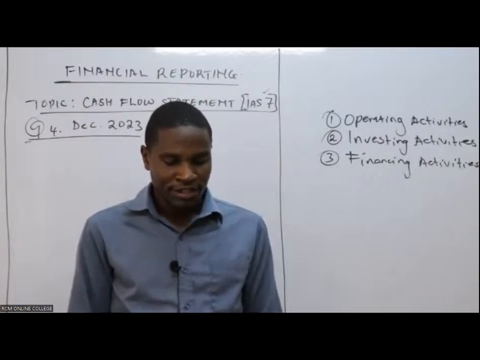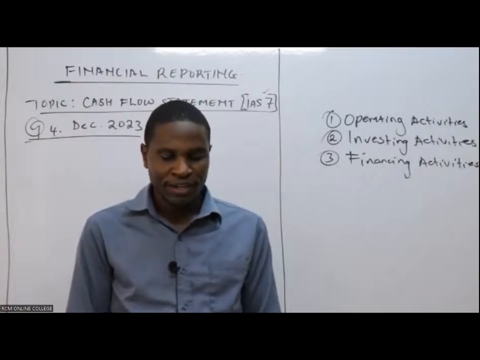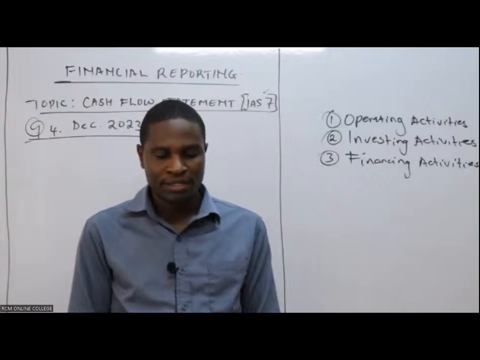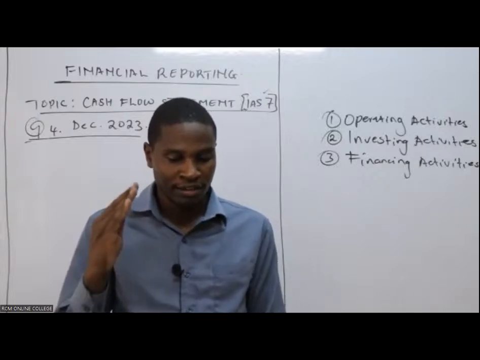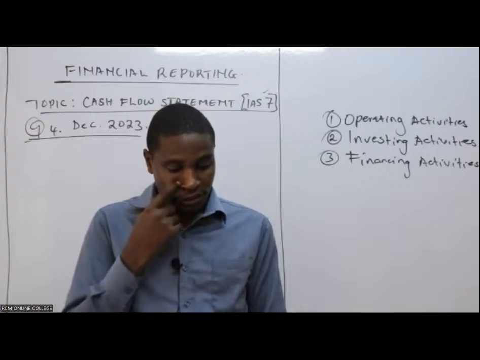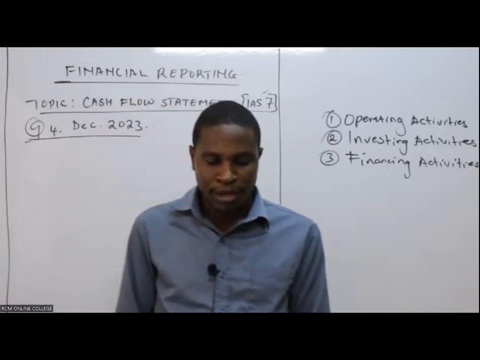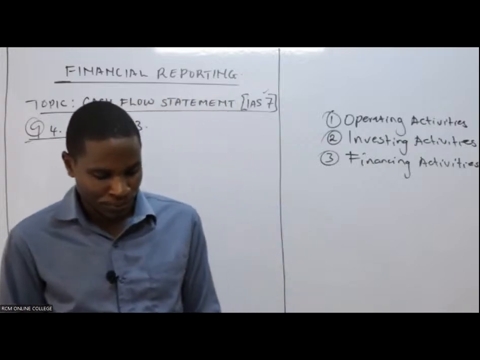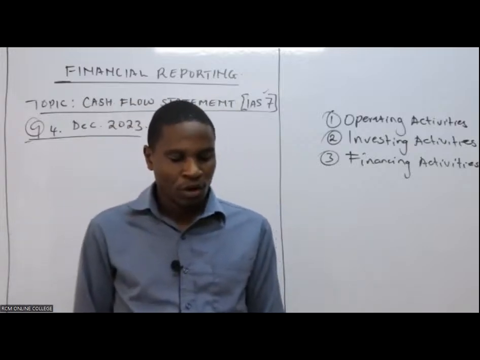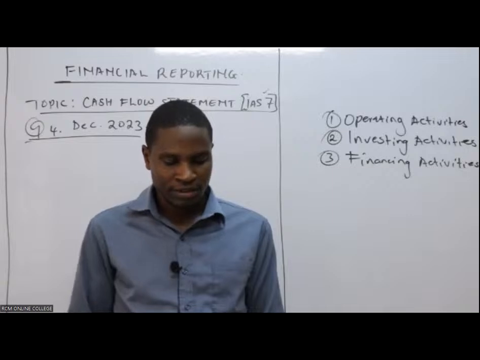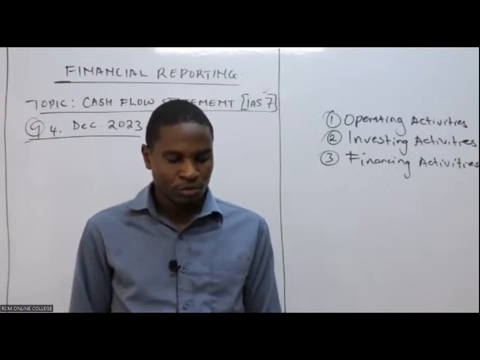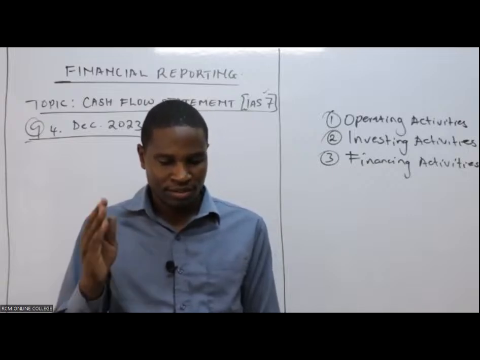Then we have been given the statement of comprehensive income as at that date. Additional information: the property, plant, and equipment was made up as follows. Cost or valuation as at that date. Accumulated depreciation as at that date.